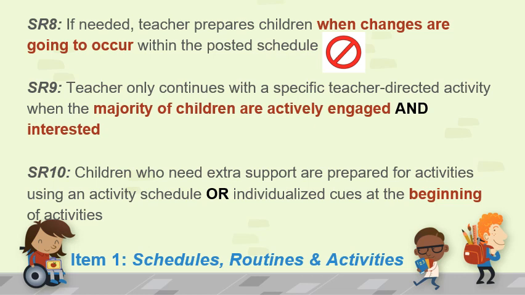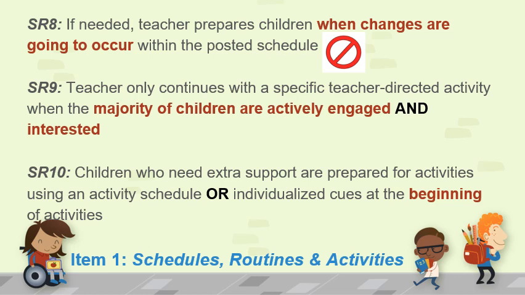You prepare them with a picture of rain on a rainy day over outdoor time, a red circle with a slash through it if a special is canceled because that teacher is absent, a stick figure of a visitor when PERT is coming to your classroom to conduct the TPOT, or you remove the visual from the schedule that is not going to occur on a certain day. You are preparing them for the change.